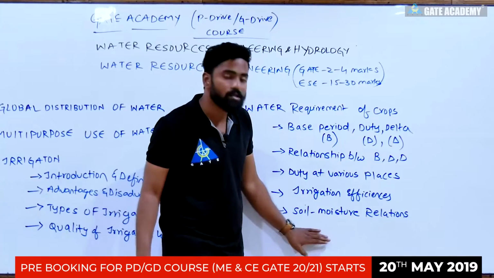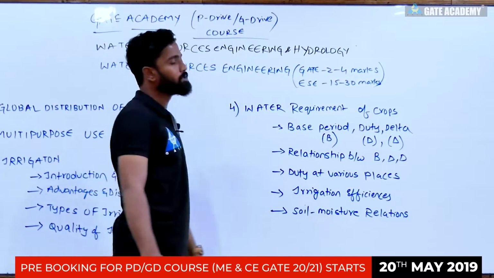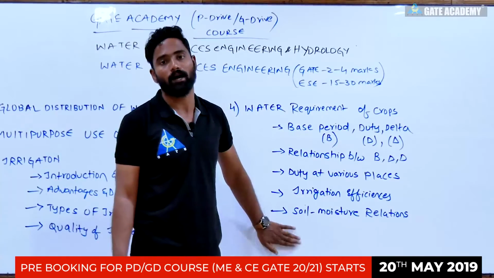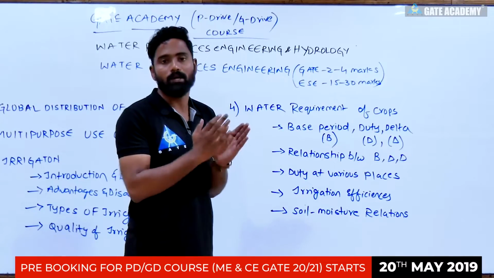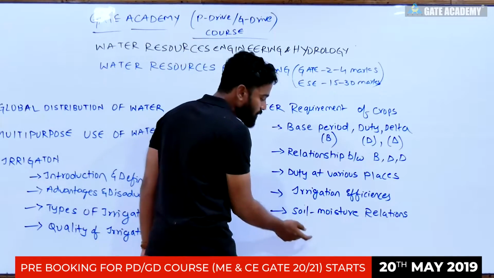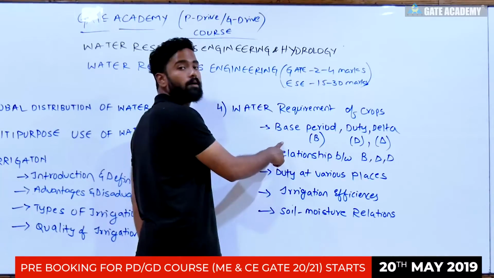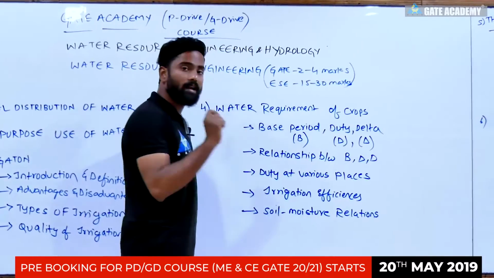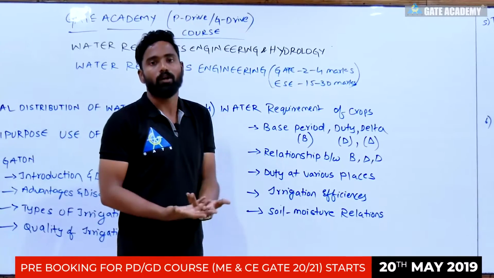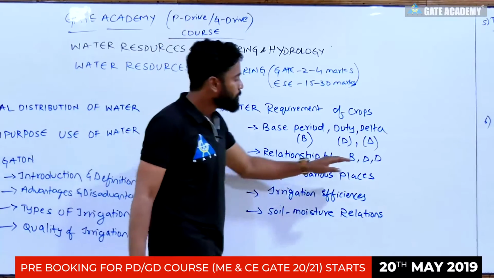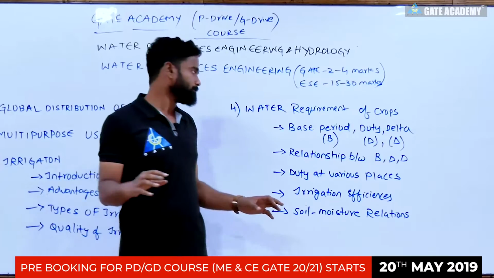Everything will be discussed in soil moisture relationships, and the entire topic is important for both gate and engineering services. In many years, even last year, questions were asked from soil moisture relationships. Before that, it was asked from B, D and delta. Based on these relationships, they will give you delta and ask you to find duty, or give you base period and ask you to find delta, anything.